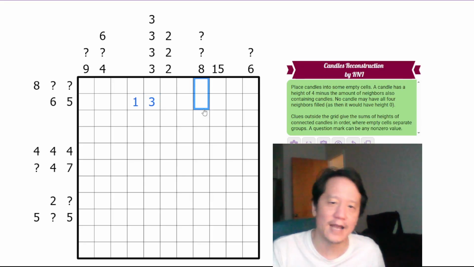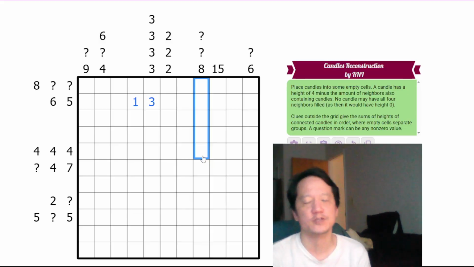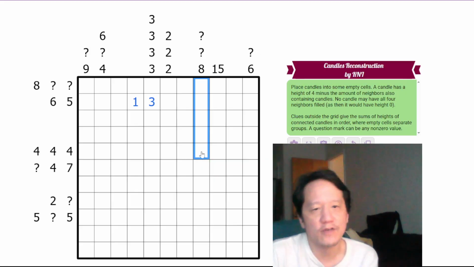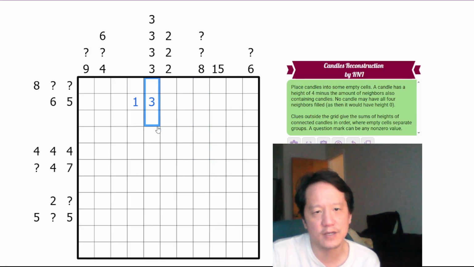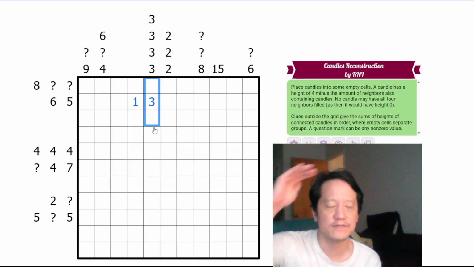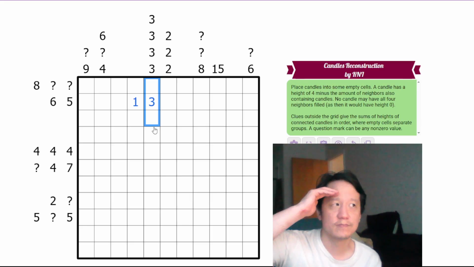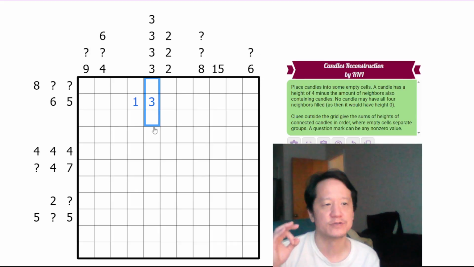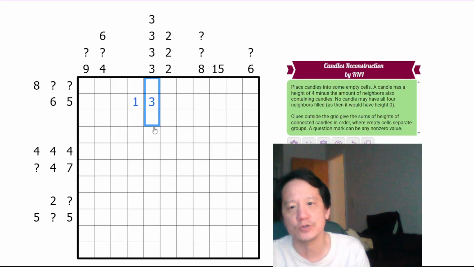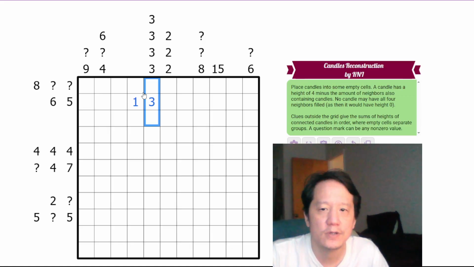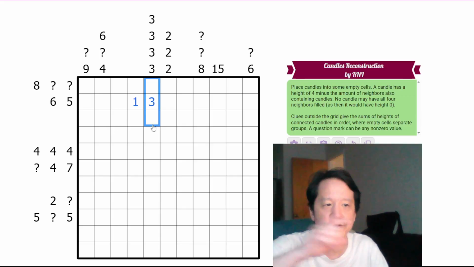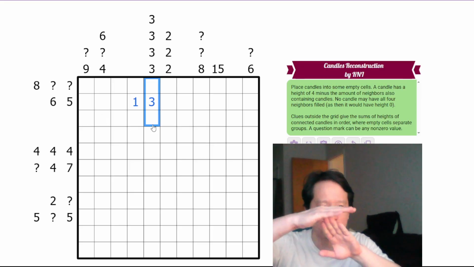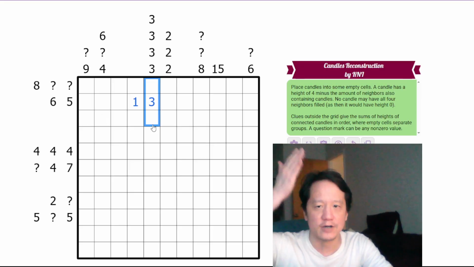So this is sort of the Japanese sum part of this puzzle, where basically you have consecutive cells with candles that add up to the number, which is the sum of the heights of the connected candles. Okay, so we have connected candles, which are basically candles which do not have an empty cell in between.